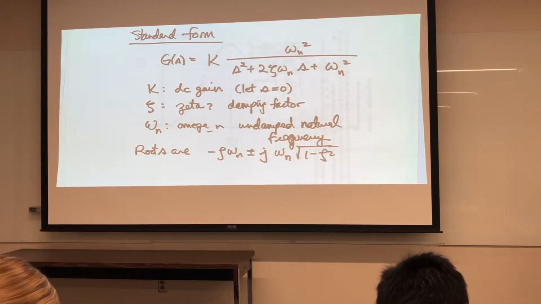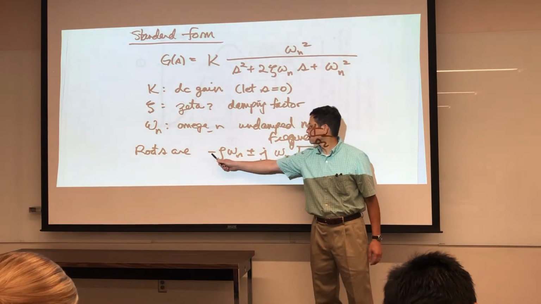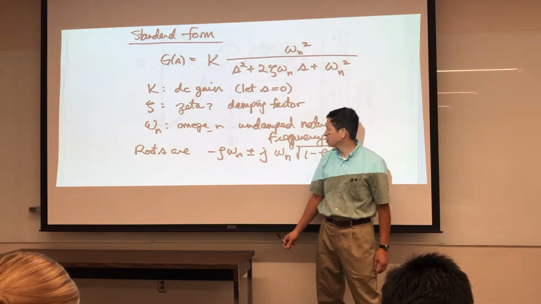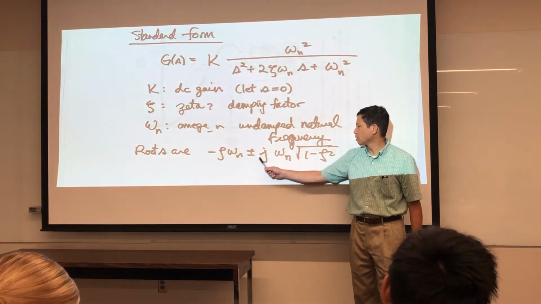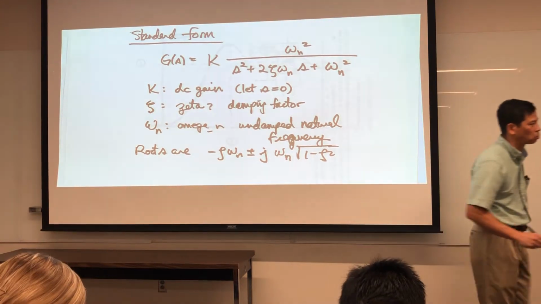Minus zeta omega n plus or minus j, and the imaginary part is omega n times the square root of 1 minus zeta squared.